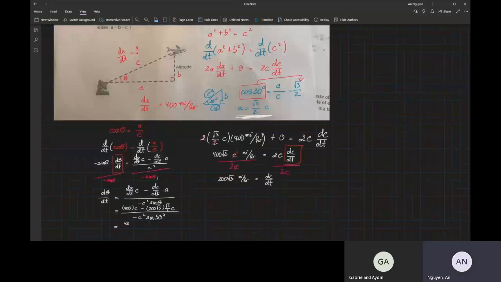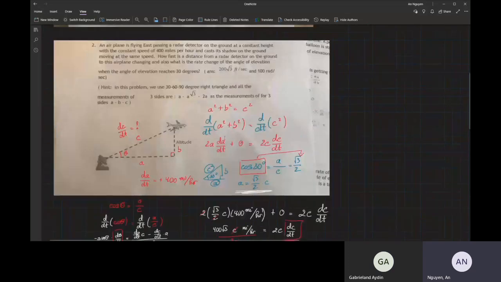So 400 C minus 200 root 3 times root 3 over 2, which gives us 300 C, over sine of 30, which is negative 1 over 2 of C squared. Something is off here. I have to be able to cancel it out, but it didn't cancel out.